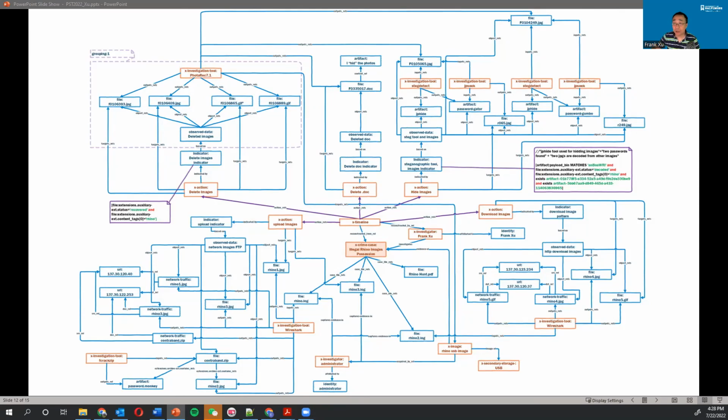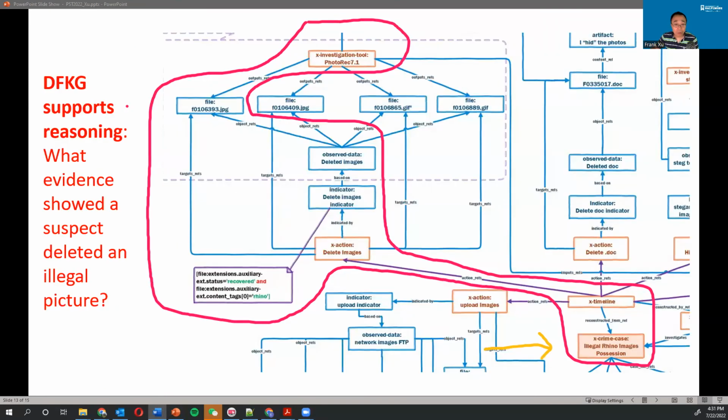Since the DFKG is huge and our time is limited, let me show you how DFKG supports reasoning about evidence using a subgraph of the DFKG. Assume a digital forensic professional in the courtroom needs to show the jury evidence that indicates a suspect has deleted an illegal image.